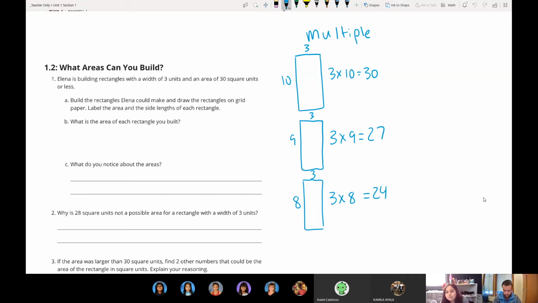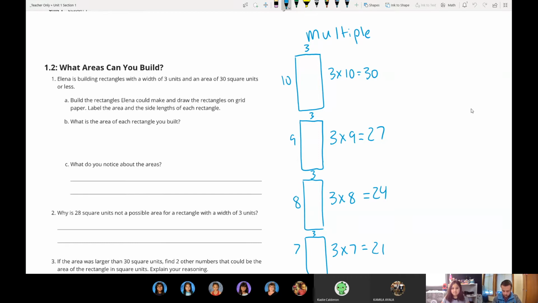Yeah, 24. Very good. Let's go 3 times 7. Do you see a pattern here? 22. 30. Close. 21. Yeah, 21. You see each time we're dropping by 3.